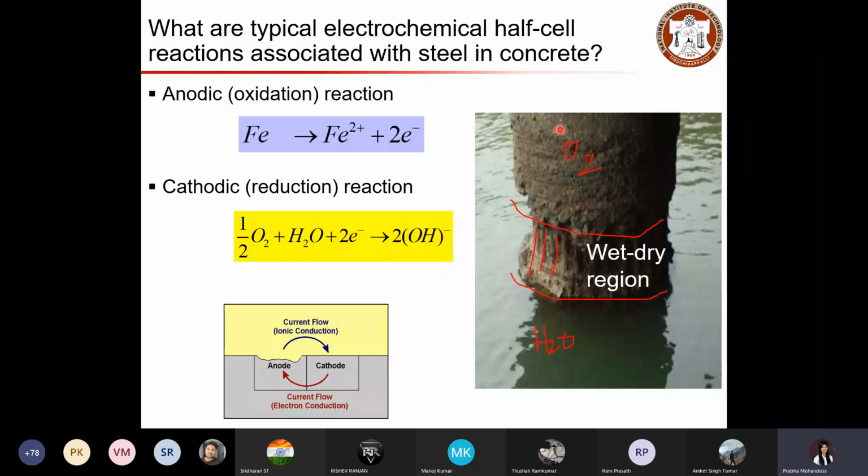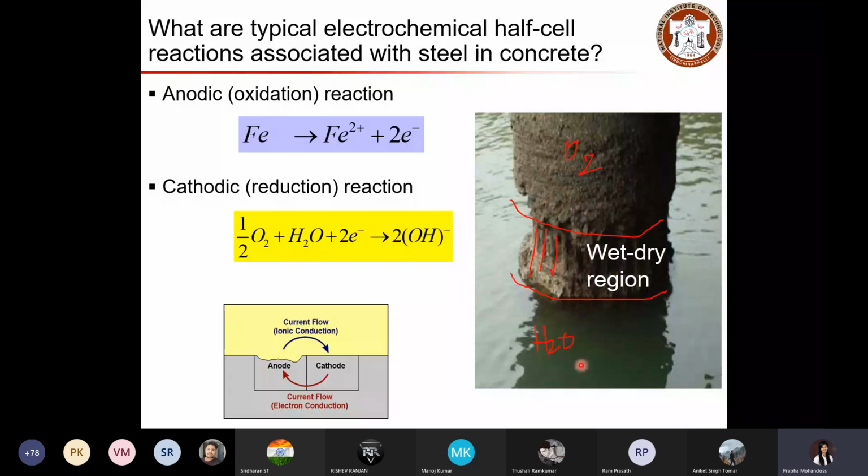For that you can see an example here. This is a concrete pier located in a marine environment, which is subjected to a wet-dry cycle. Here you can see some part of the structure is immersed in water and some part of the structure is exposed to the environmental condition.